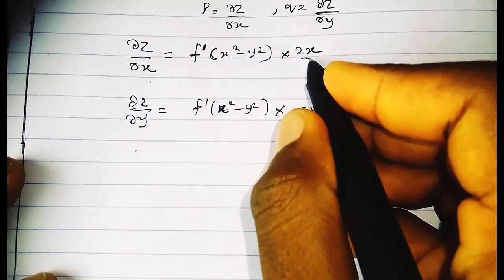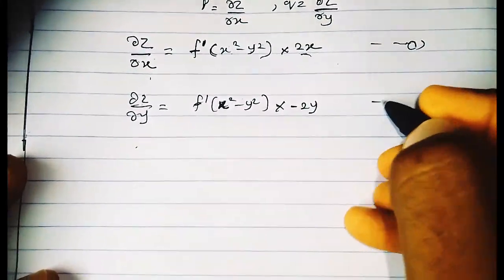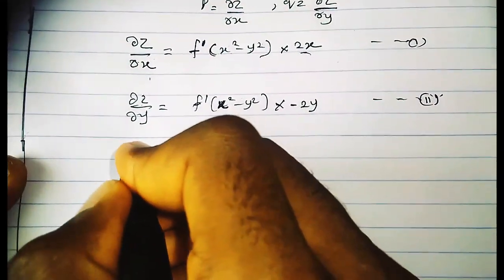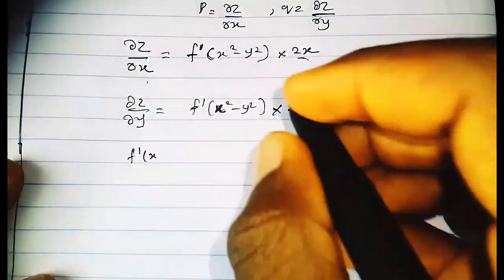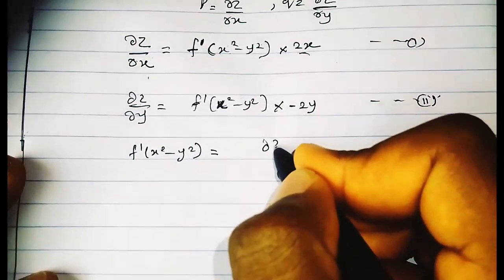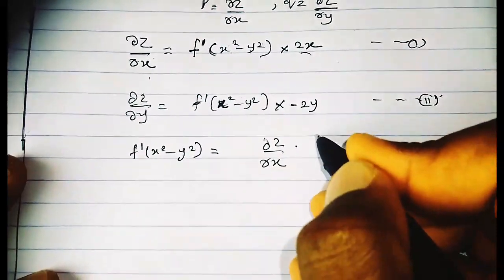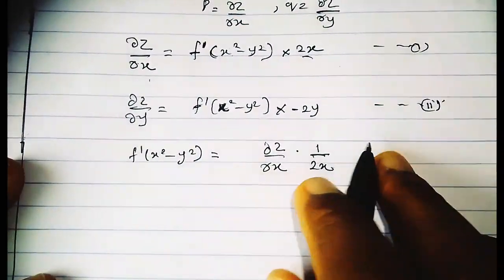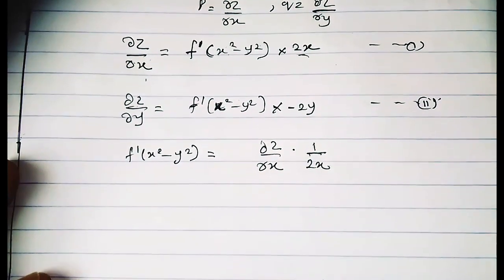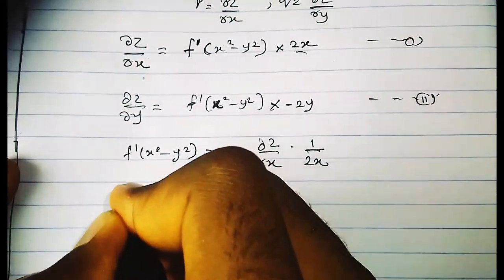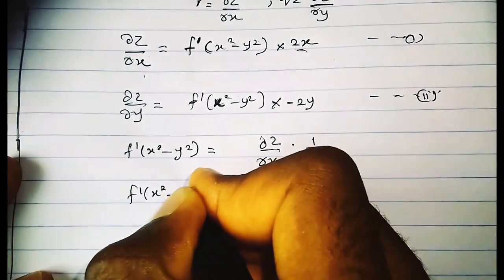Since I call this equation 1 and this equation 2, making the function of x squared minus y squared in equation 1 the subject of the formula, this will be dz/dx divided through by 2x, so 1 over 2x. And remember, dz/dx is p, so we can say p times 1 over 2x.